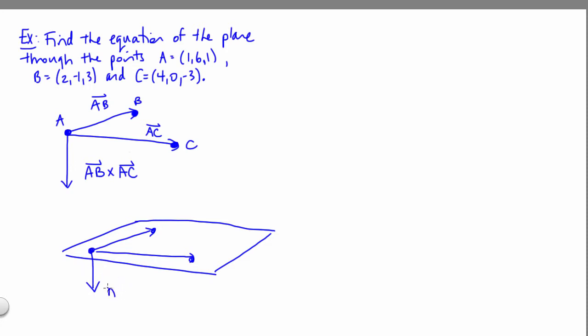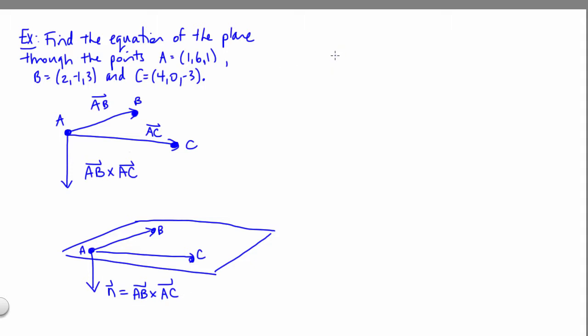So let's call that N just to represent the idea that it's a normal vector. Let's label our points A, B, and C on here. And let's point out that that normal vector is AB cross AC. So what we'll do is we'll calculate AB cross AC. Once we've got that, then we'll be able to use the normal form to find the equation of the plane.